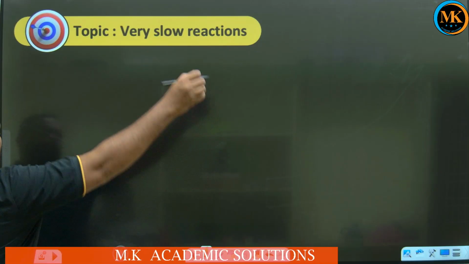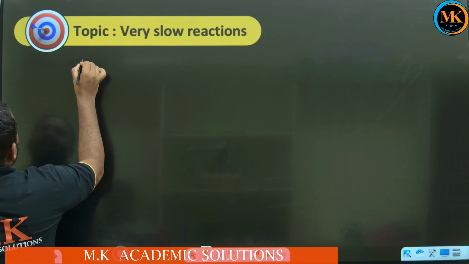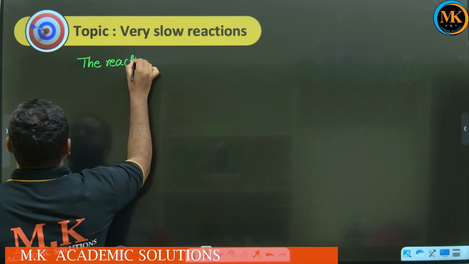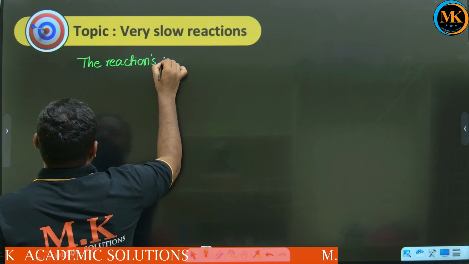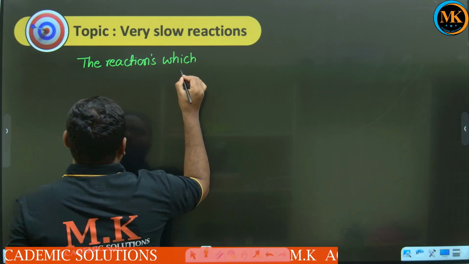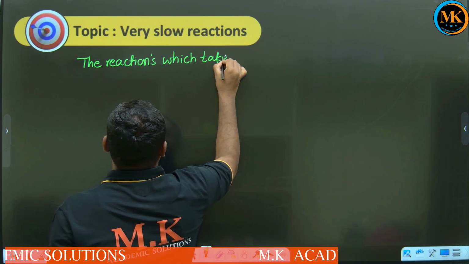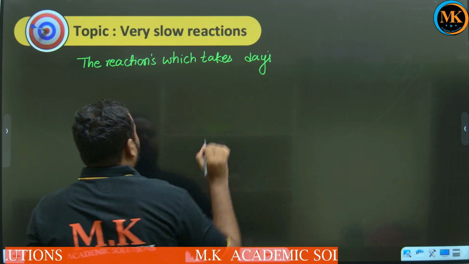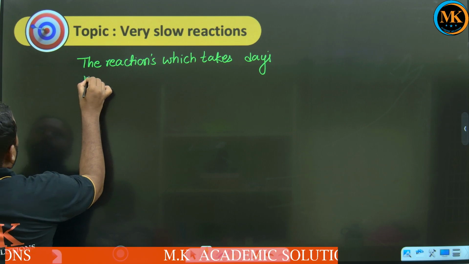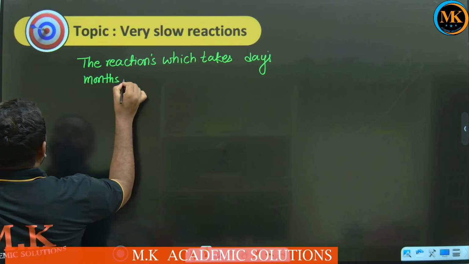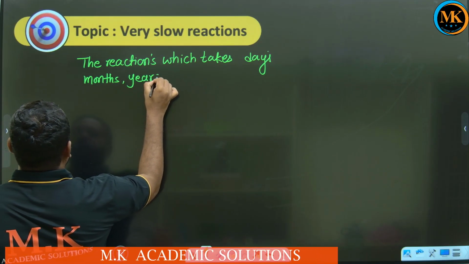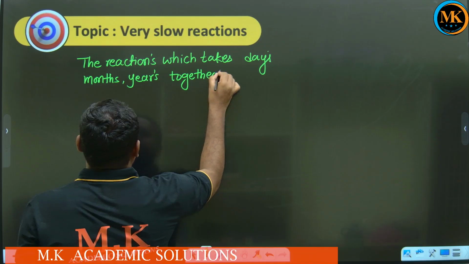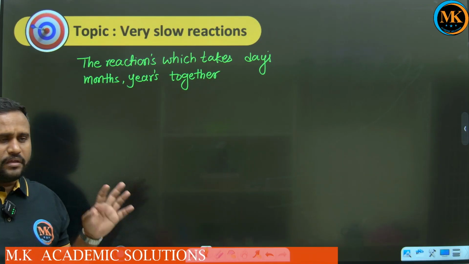Such type of reactions are called very slow reactions. So how can we define the very slow reactions? The reactions which take days, months, years together, such type of reactions are called very slow reactions.